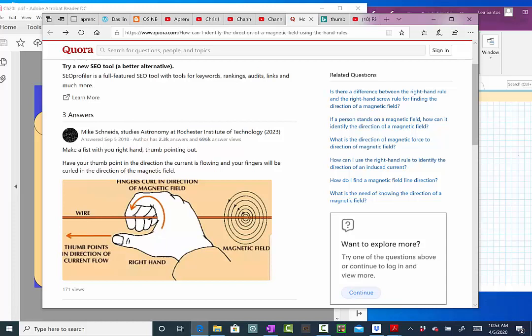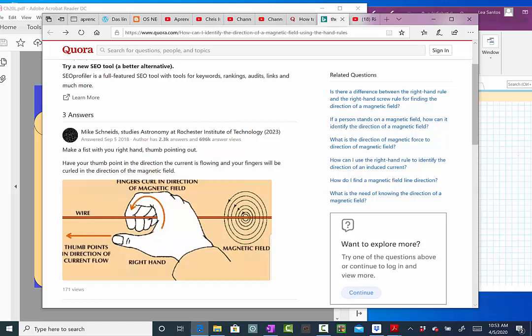Now my thumb is to the left, and with my four fingers, I'm going to encircle the wire. And you see that I have now these circles, so all these circles are indicating the magnetic field. And what is the direction? In this direction here, as you see in the drawing. Now, so in front of this wire, the magnetic field is going up. Behind the wire, the magnetic field is going down. So I have this whole circle here.